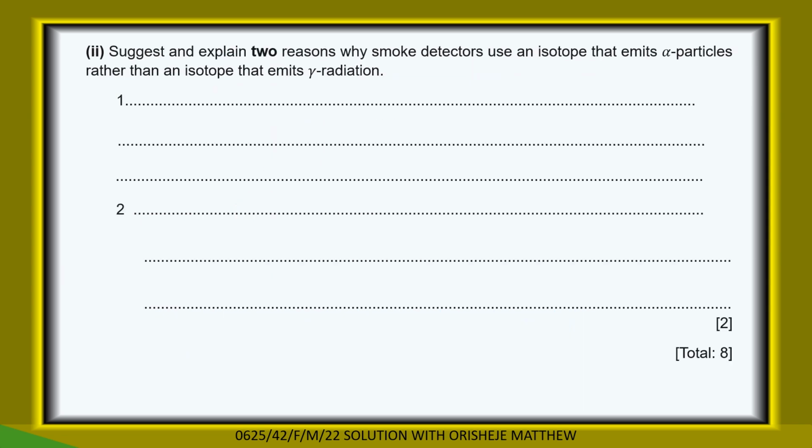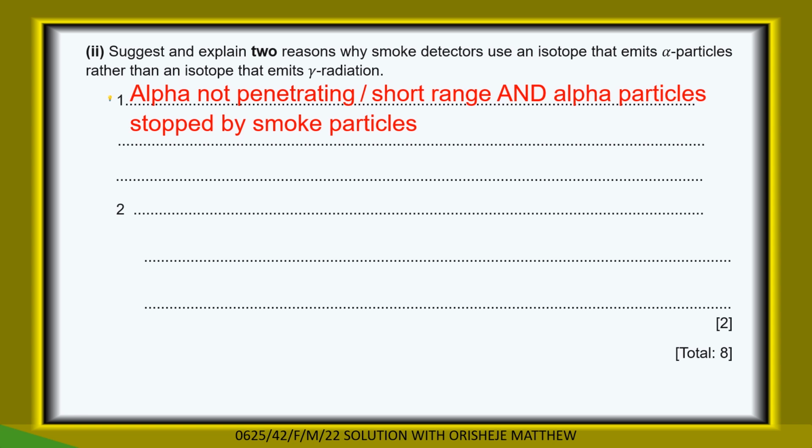So if you look at this, it says suggest and explain two reasons why smoke detectors use an isotope that emits alpha particles rather than an isotope that emits gamma radiation. Look at the basic property of each of these two radiations. The alpha particle has a short range of penetration because of its size. It can easily be stopped, while gamma rays cannot easily be stopped.